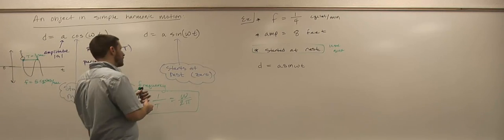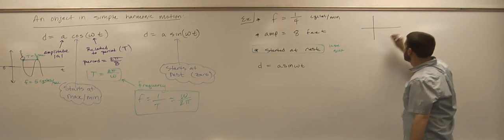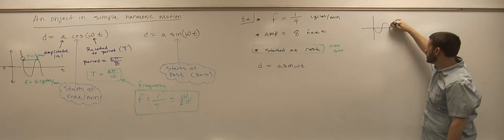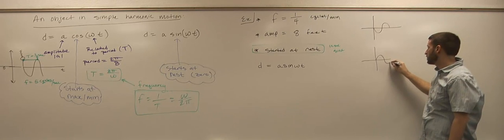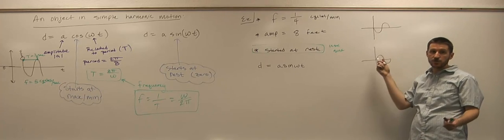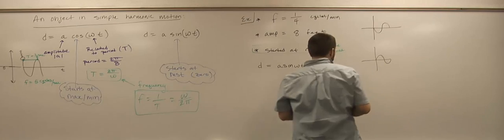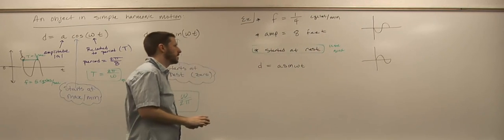I didn't tell you in this problem whether I'm starting from rest and then going down, or whether I'm starting from rest and then going up. Since I didn't tell you, you can choose one, right? But you should be aware that both of these are possibilities, unless I specify.